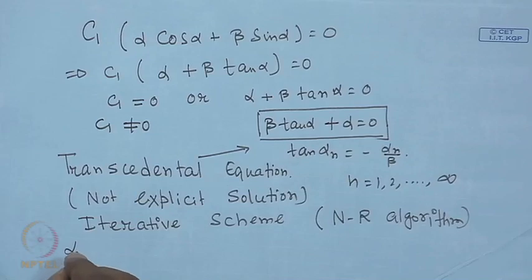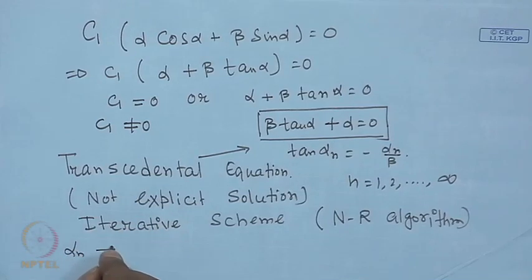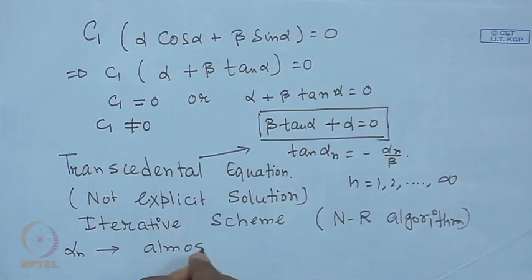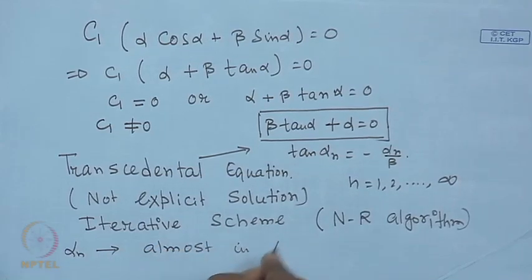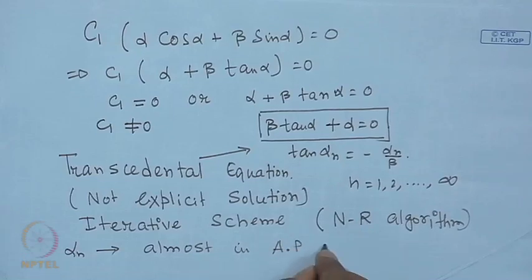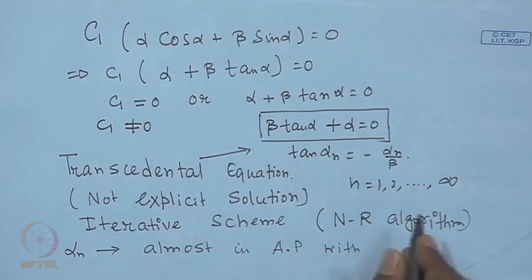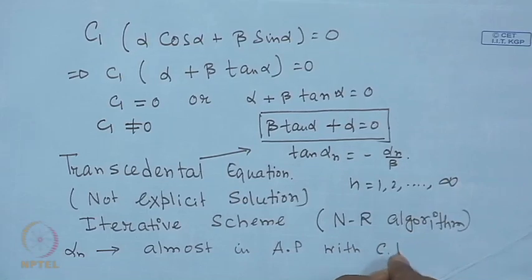The nature of this equation is such that the alpha n are almost in arithmetic progression with a common difference of about 3. So, there is a trick to solve this equation using the Newton-Raphson technique.